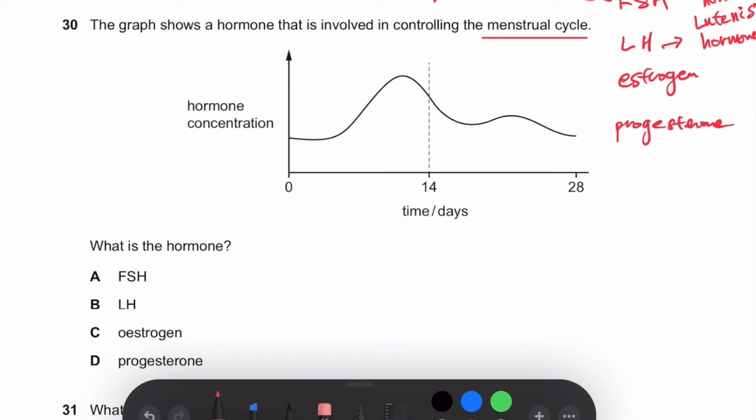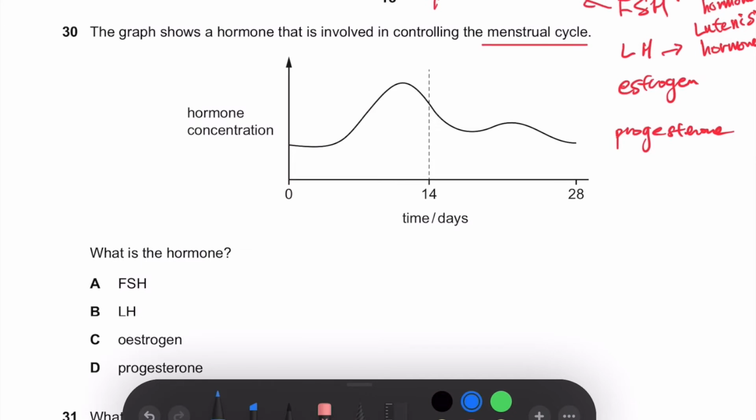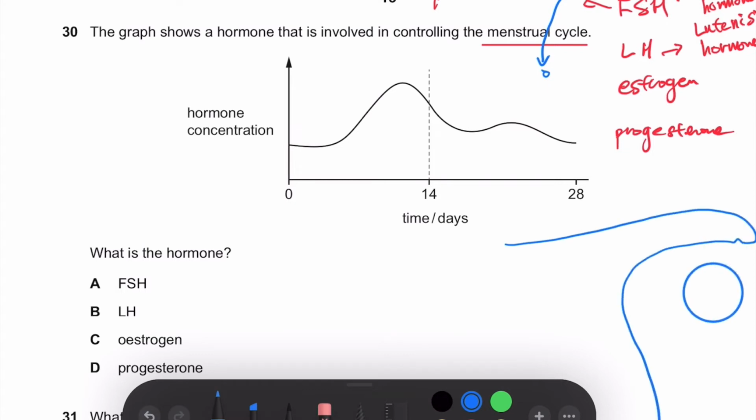And LH, what it does is when the egg is matured enough, meaning it has grown enough, it goes out of the follicle cells, with a few follicle cells actually, and then it goes out of the ovary where the follicle cells were initially present, like this.